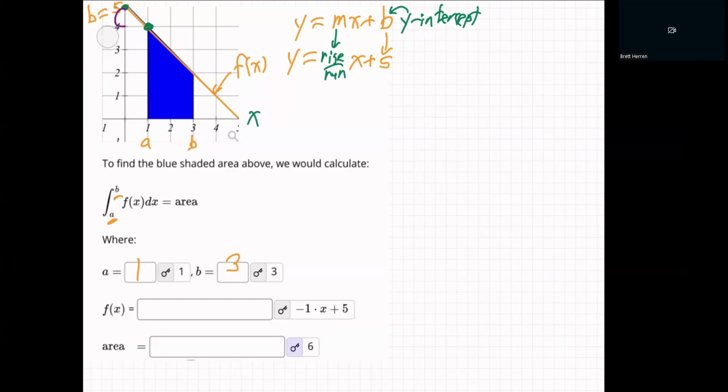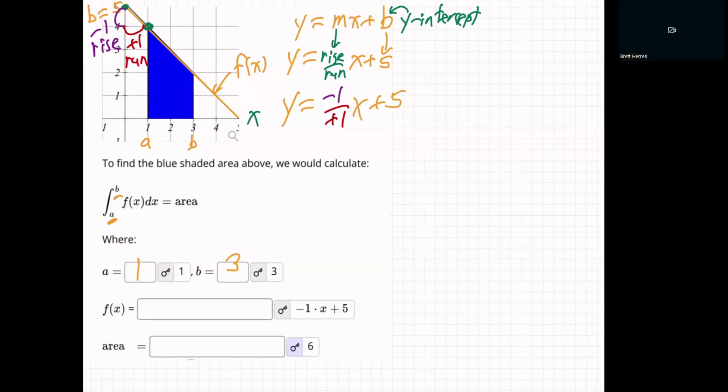This is down 1 as the rise, because remember, down is negative and up is positive. So if we go down 1 and then over 1, positive 1 is the run. So therefore, this is y equals down 1 over positive 1 x plus 5, right?